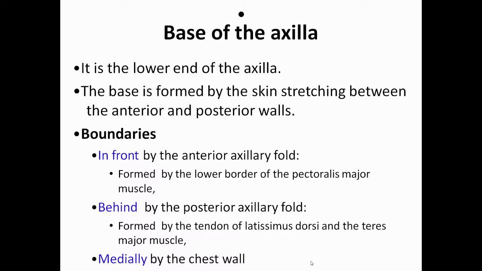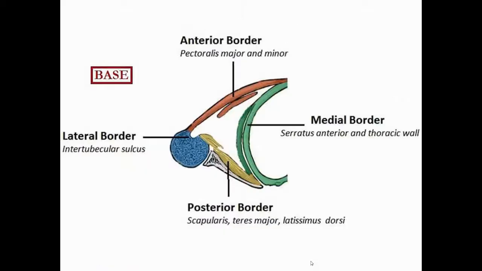The base of the axilla is the lower end of the axilla. The base is formed by the skin stretching between the anterior and posterior walls. Its boundaries are: in front, the anterior axillary fold, formed by the lower border of the pectoralis major muscle; behind, the posterior axillary fold, formed by the tendon of latissimus dorsi and the teres major muscle; and medially, the chest wall.